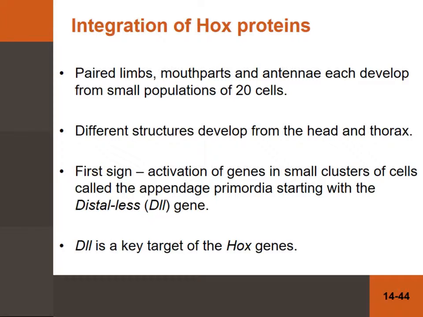The first sign of development of these structures is the activation of genes in very small clusters of cells, which were called the appendage primordia. And this starts with a gene called Distal-less. Distal-less was found to be a key target of the Hox genes.